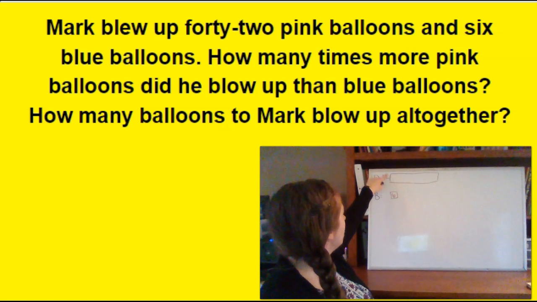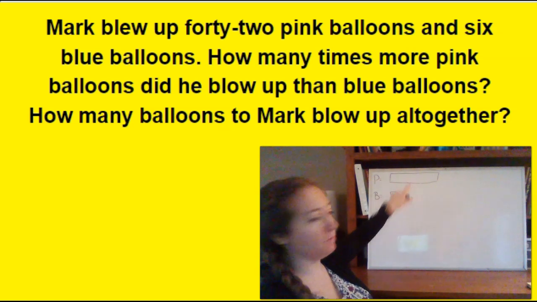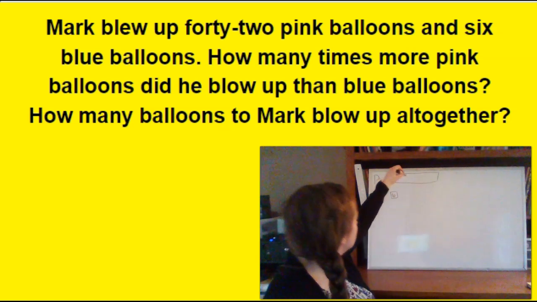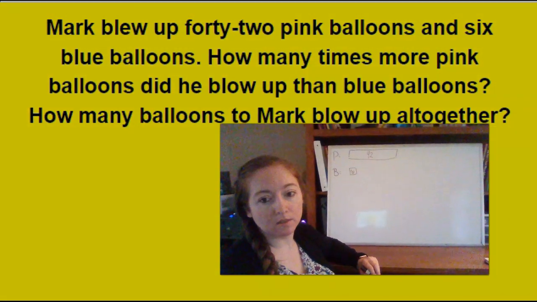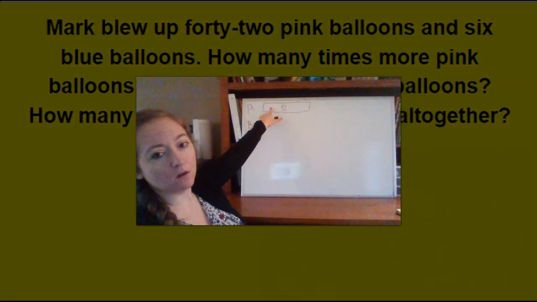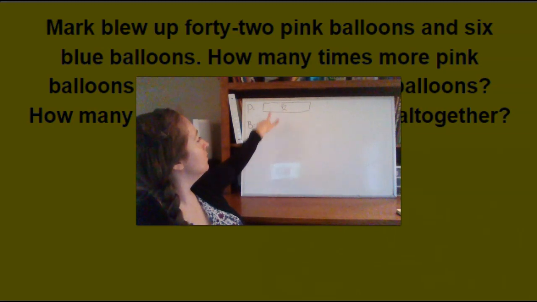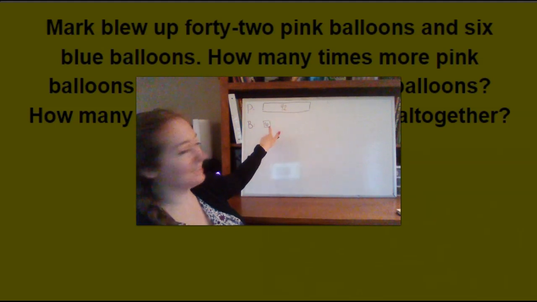And we're trying to figure out how many of these single units will fit into the big bar model. We want to know how many times it would be cut up into it. Okay, so we have our unit and we have our bar model. How many squares would 42 be cut up into, with each of the squares being worth 6.